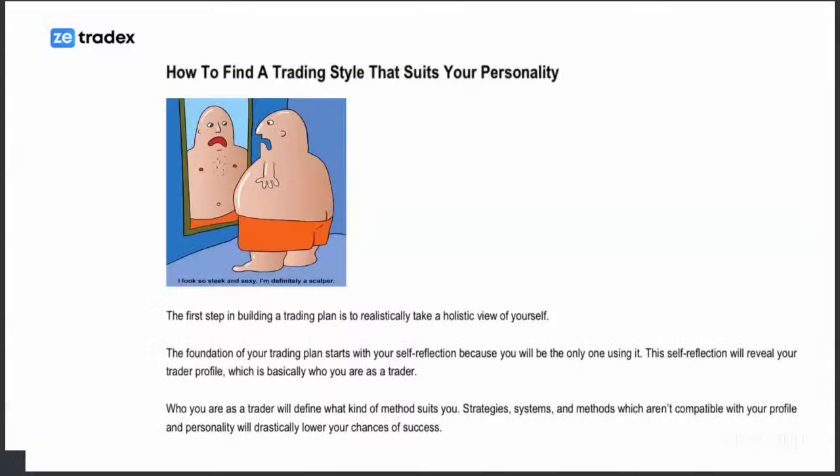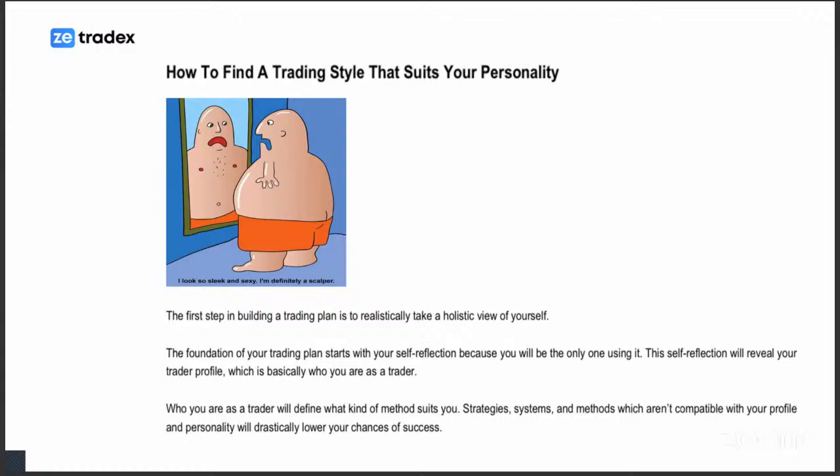How to find a trading style that suits your personality. Now, the first step in building a trading plan is to realistically take a whole-star view of yourself. The foundation of your trading plan actually starts with your self-reflection, because you will be the only one using it. The self-reflection will reveal your trader profile, which is basically who you are as a trader, right?